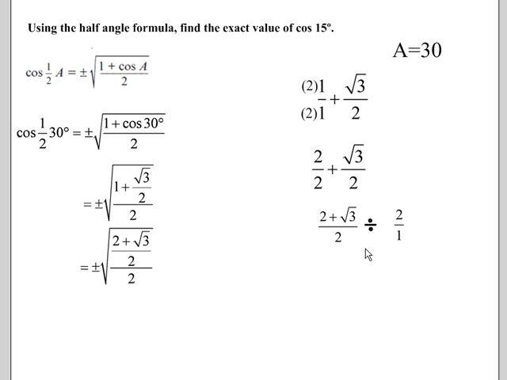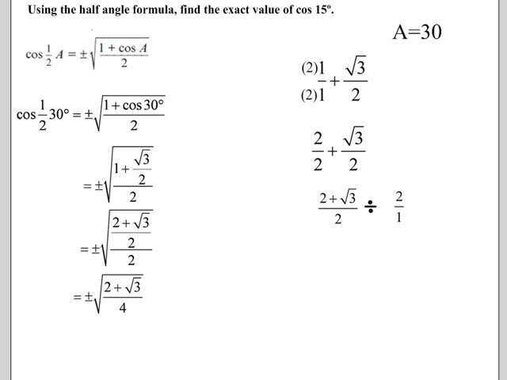Do you remember how to simplify this? You're going to change the division to multiplication, and you're going to flip this fraction over. So it's going to be 2 plus radical 3 over 2 times 1 over 2. And in turn, this is what you get: 2 plus radical 3 over 4.